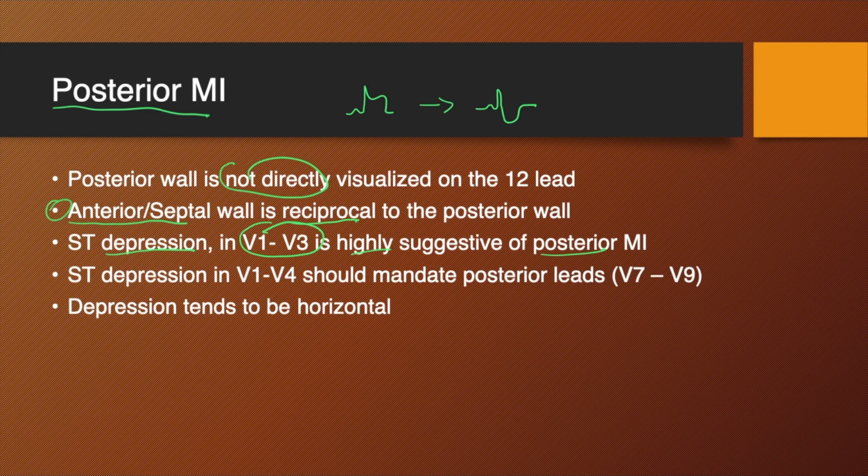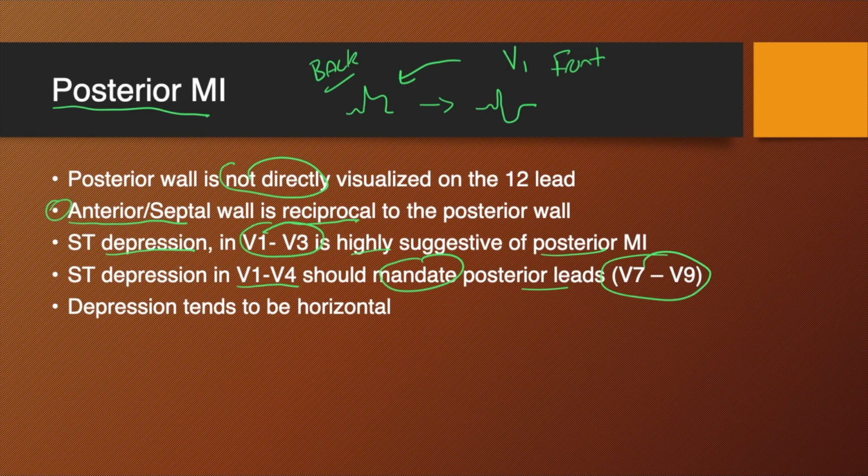And so if you're looking at, let's say, V1 here, okay, so this is the front of the heart, that depression may be reciprocal to elevation in the back of the heart. That's what we're saying.